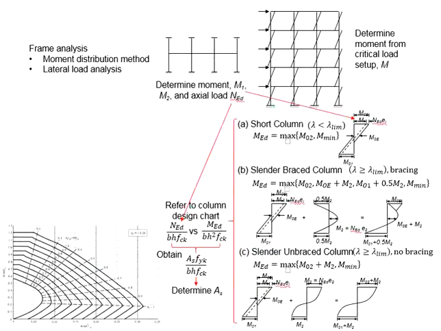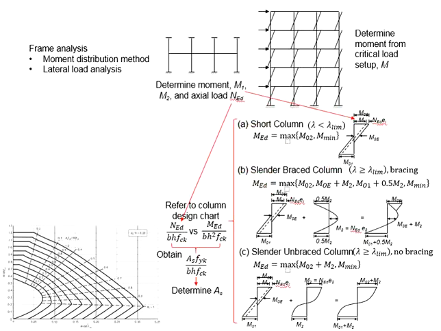And what would be the implications when a column changes from a short column to a slender column? The implication will be in the calculation of the MED. The MED for the slender column would be affected by the second order moment, which may end up slightly larger than the short column.